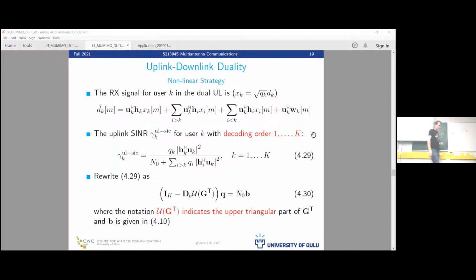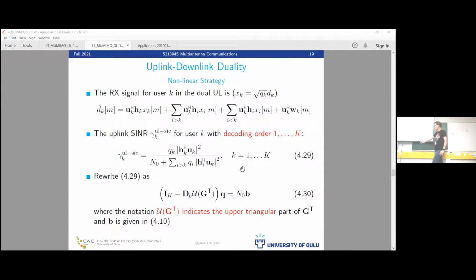If you look at slide 6, in equation 4.9, you have the SINR formula.